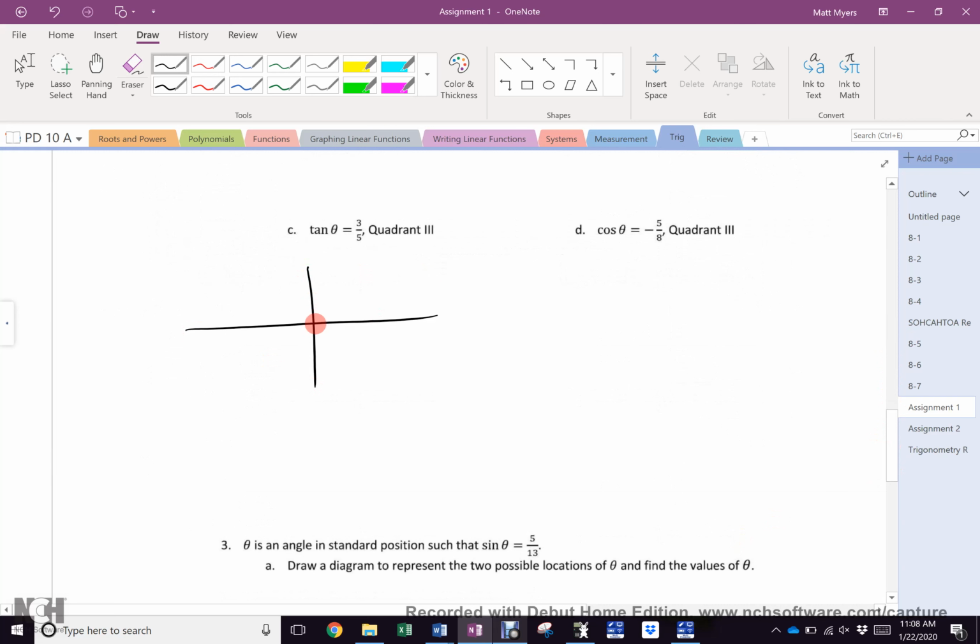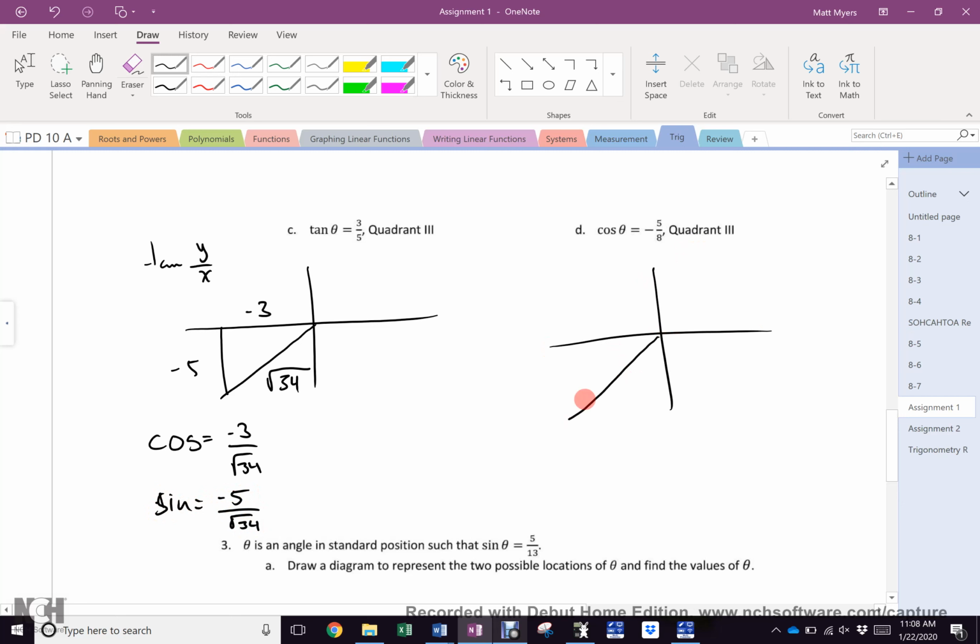Tan of 3/5 in quadrant 3. Tan is y over x, so that's negative 5, negative 3. So that is the square root of 34. So cosine equals negative 3 over root 34. Sine equals negative 5 over root 34.